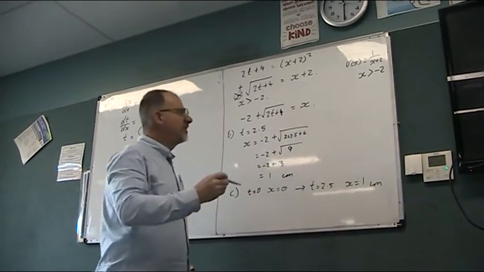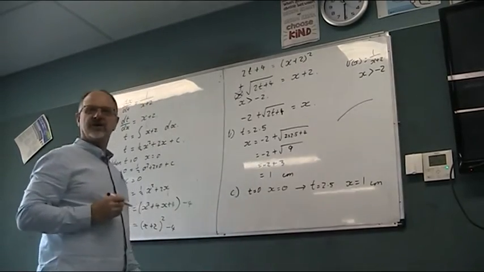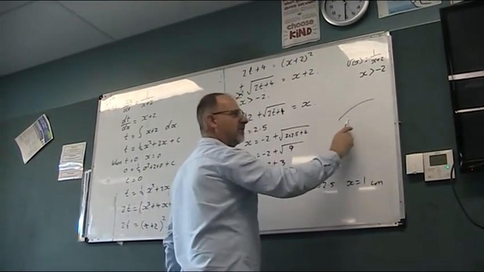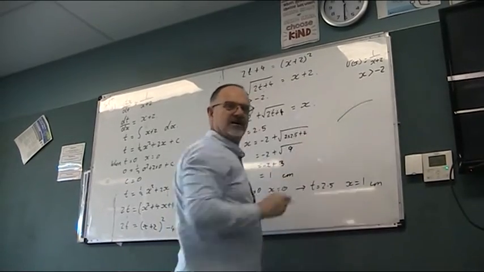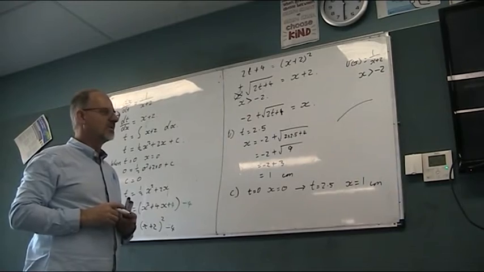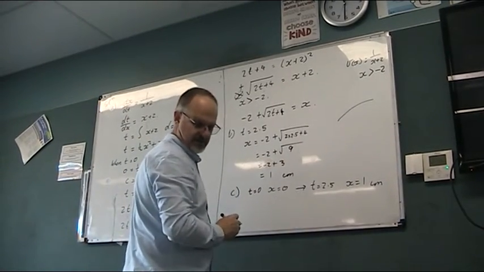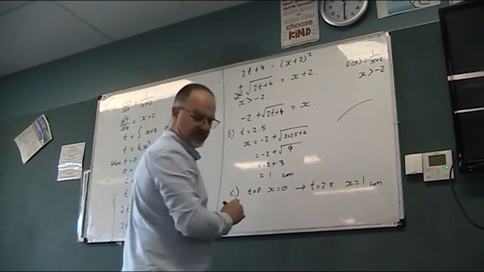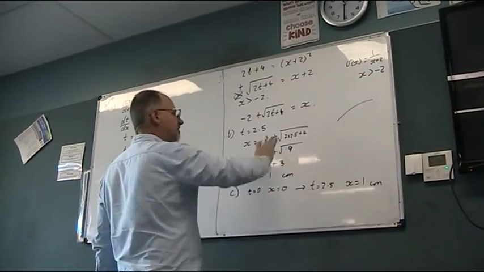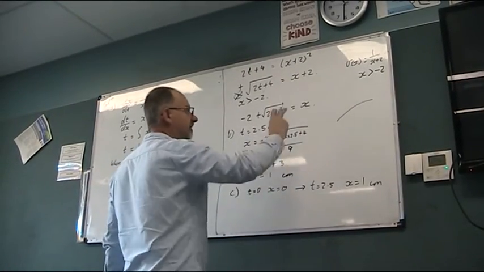So, a square root function goes like that kind of shape, doesn't it? So as time goes by, we're always getting further away, aren't we? Because we're always getting further away, v is always positive, because x is always greater than -2.